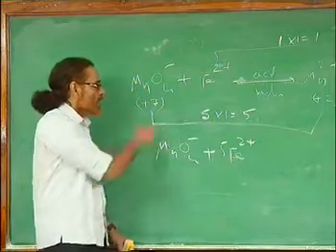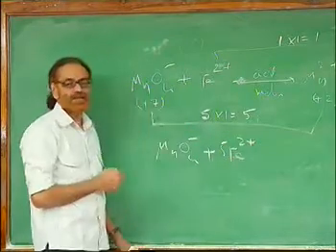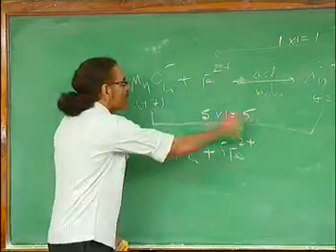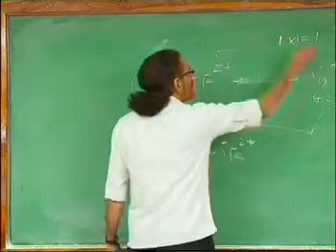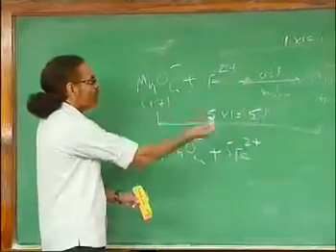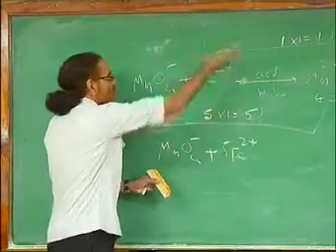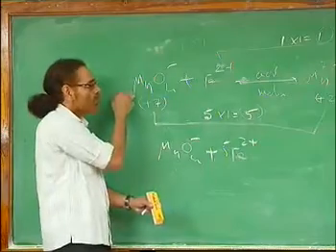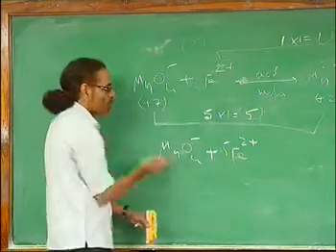Understand here? It is like interchanging the n factors. The n factor of permanganate in this way is 5 and the n factor of that iron is 1. This 1 and this 5. If we just interchange, that 5 goes here and that 1 goes here: iron's n factor to the manganese compound and the manganese compound's n factor to the iron compound.